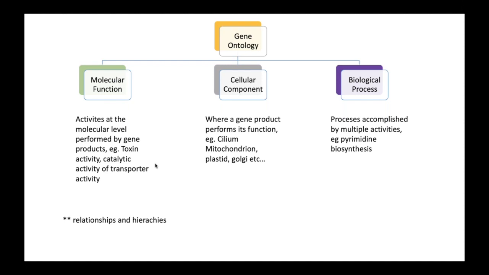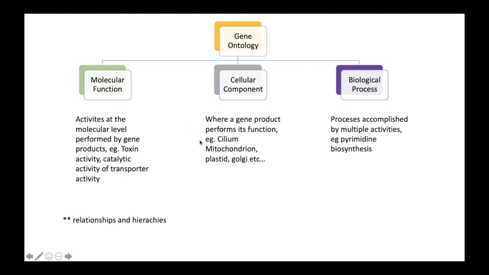Cellular component describes where a function takes place, so the subcellular localization, or the cellular location of where that function takes place. Like the mitochondrion, or a plastid, for example, or cilium. Those are all cellular components. And again, each one of these comes with a detailed description and links to synonyms of the term.